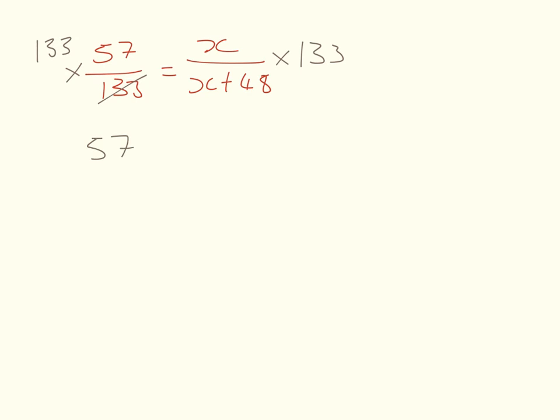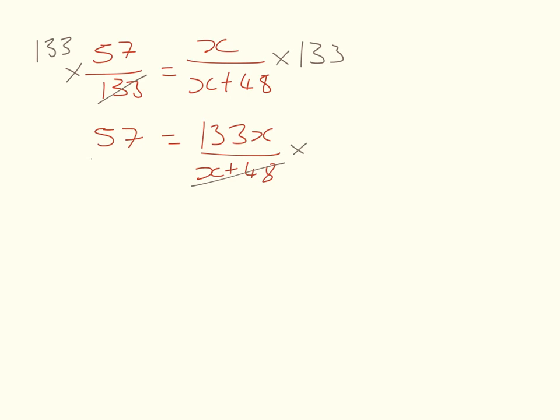In fact, I'll stick with the same colours. So 57 equals 133x, still over x plus 48. Now the same process applies. I'm going to try and get rid of that.